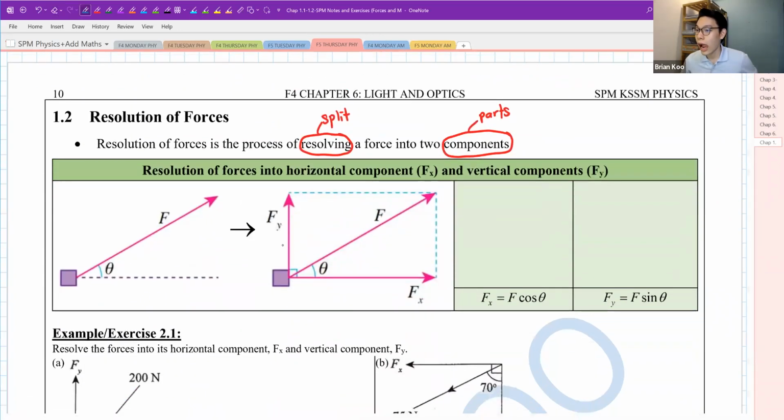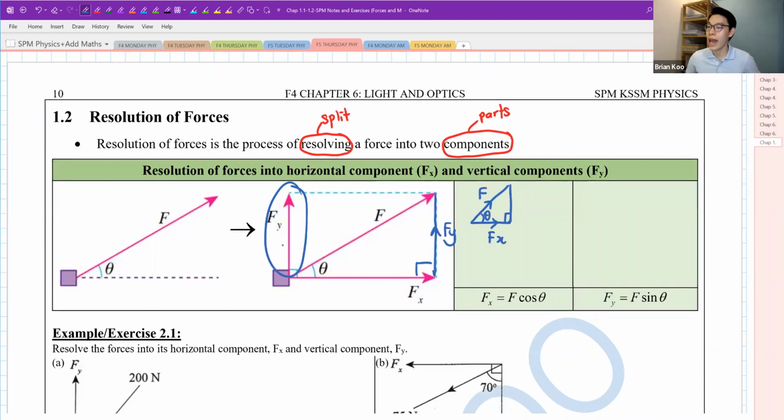You see, I am going to transfer my Fy here, so that I get a triangle of forces. All right, same thing. I can just move it over there, no problem. The reason why I want to do this is so that I get a right angle triangle. And now I am going to focus on 2 of the forces only. I'm going to focus on F and Fx.